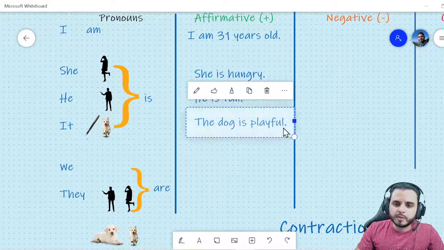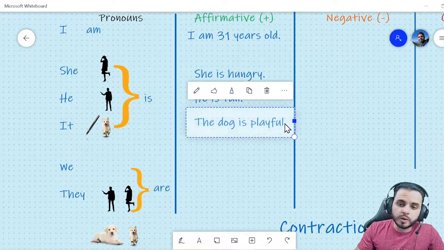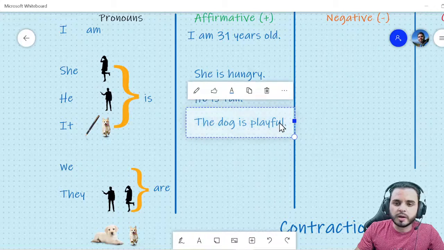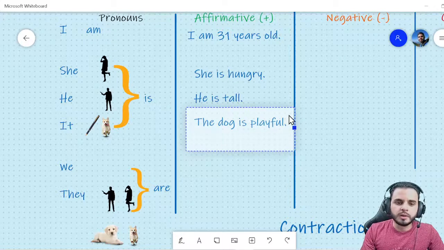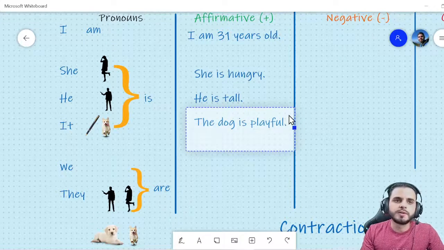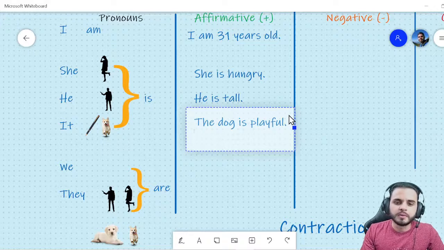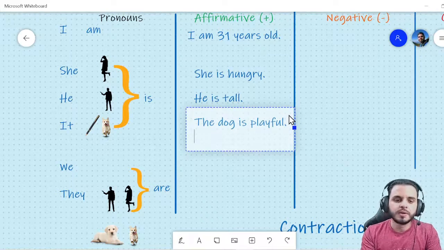Okay, what else can we say? Well, instead of saying the dog again, instead of saying the dog is playful, the dog is adorable, the dog is fast, the dog is a really nice friend, I can just say it.